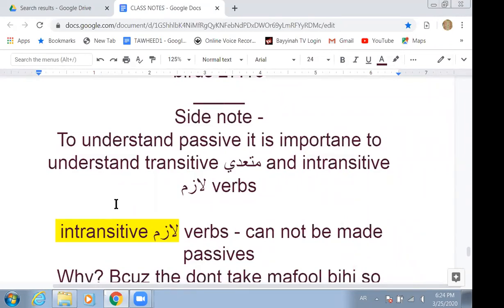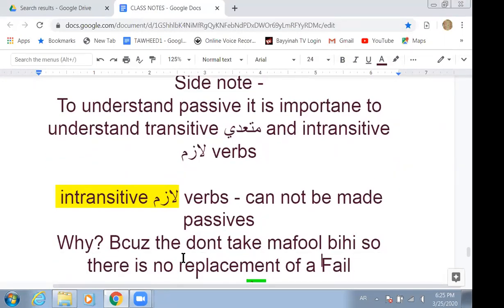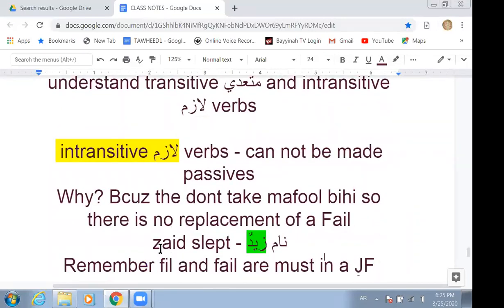So to understand the passive, it is important to understand the transitive and the intransitive verb, the lazim and the mutaddi. When we say it is intransitive, it is a lazim verb. Lazim cannot take a maf'ul bihi, and because it cannot take a maf'ul bihi, hence it cannot be changed into a passive.